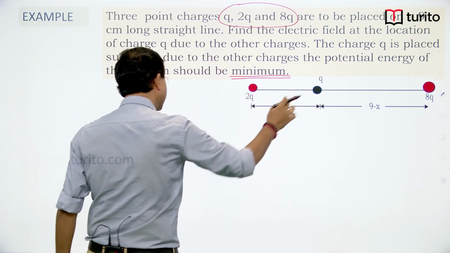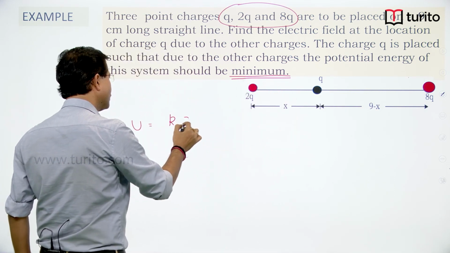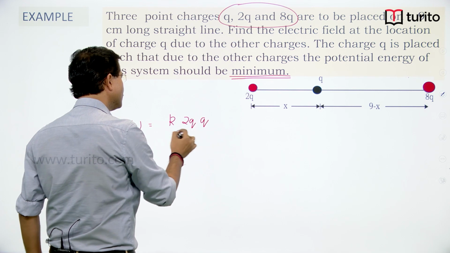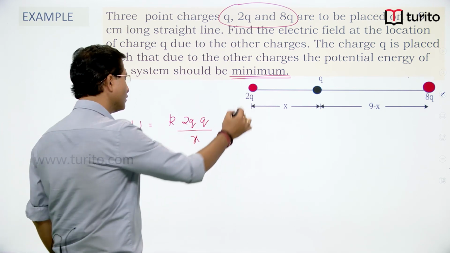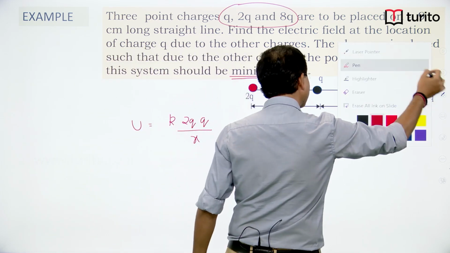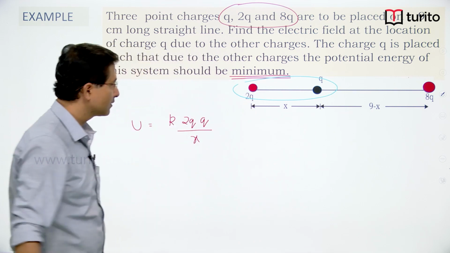for these two, I am writing, right, these two, k 2Q, Q divided by x, right. So, these two are over.